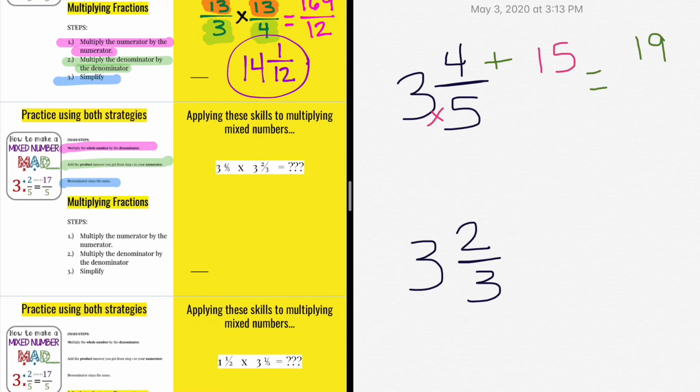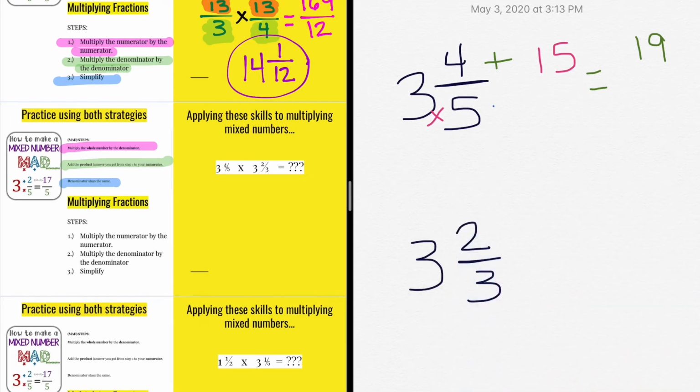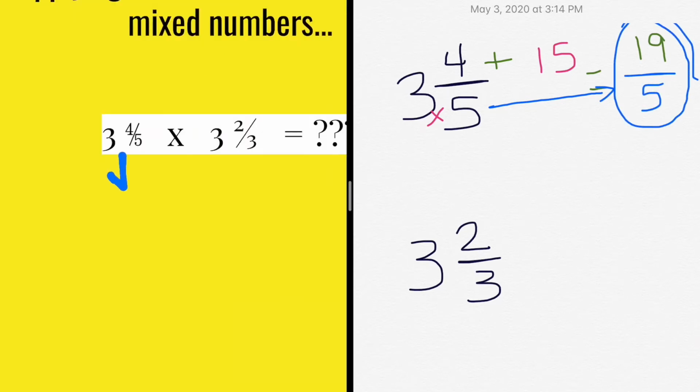That's right, to keep the denominator the same. Therefore, I just have to bring over my 5. So my improper fraction, and now I'm going to write that, so I know what 3 and 4/5 is: 19/5.